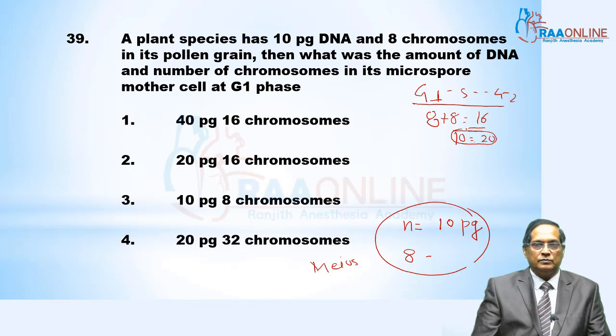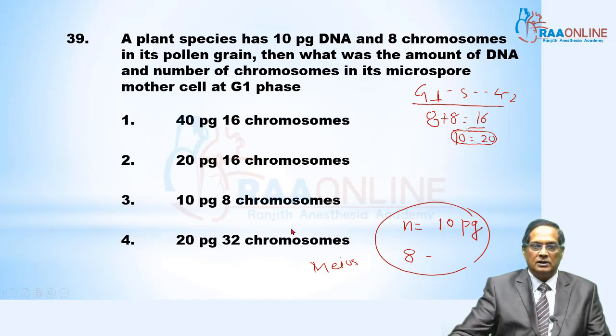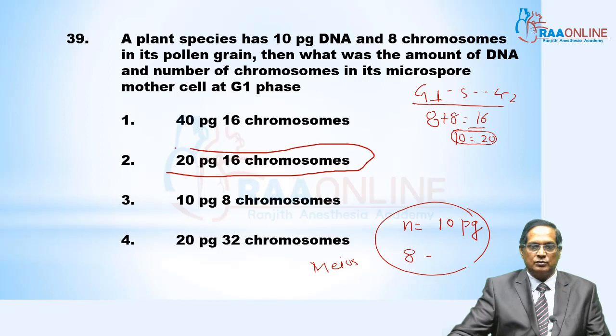For 8 chromosomes it is 10 picogram; the chromosome number is double in the parent cell, and at G1 it is not duplicated. So just double the number of chromosomes and double the amount of DNA. My answer is 20 picogram DNA and 16 chromosomes at G1.